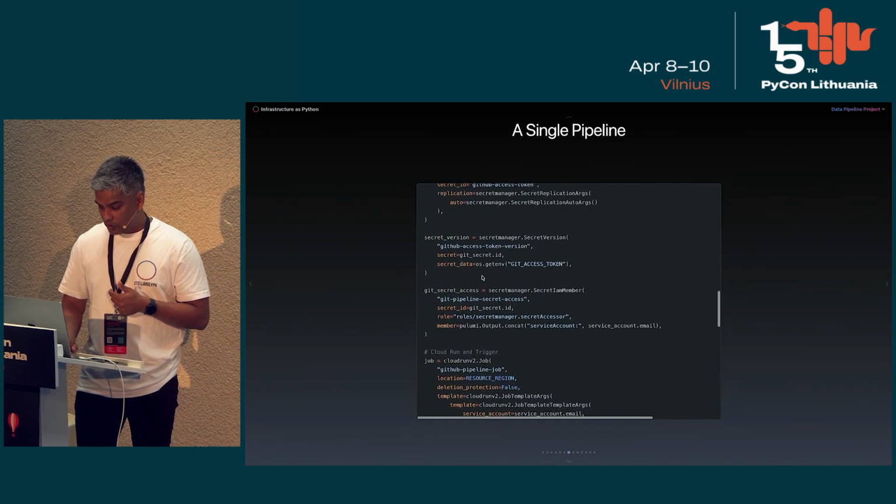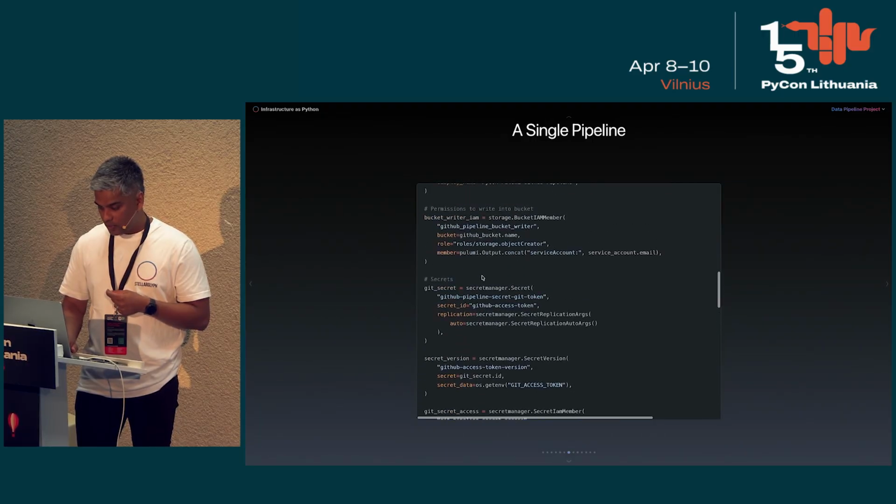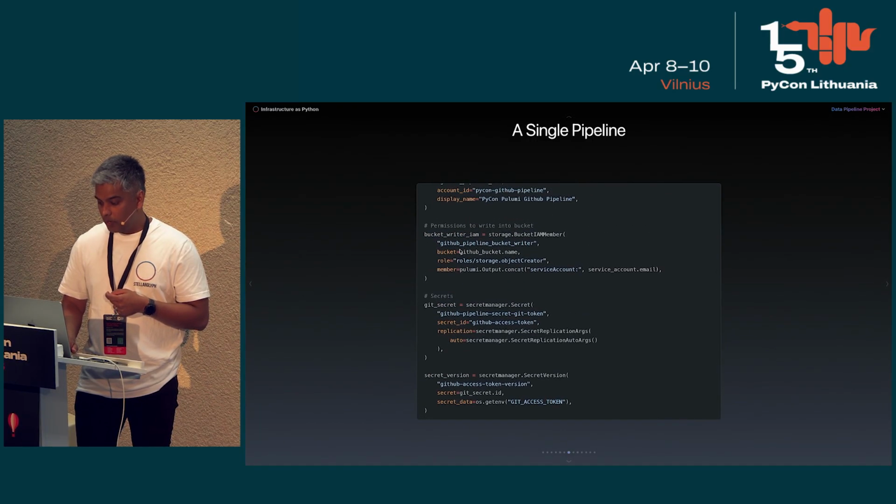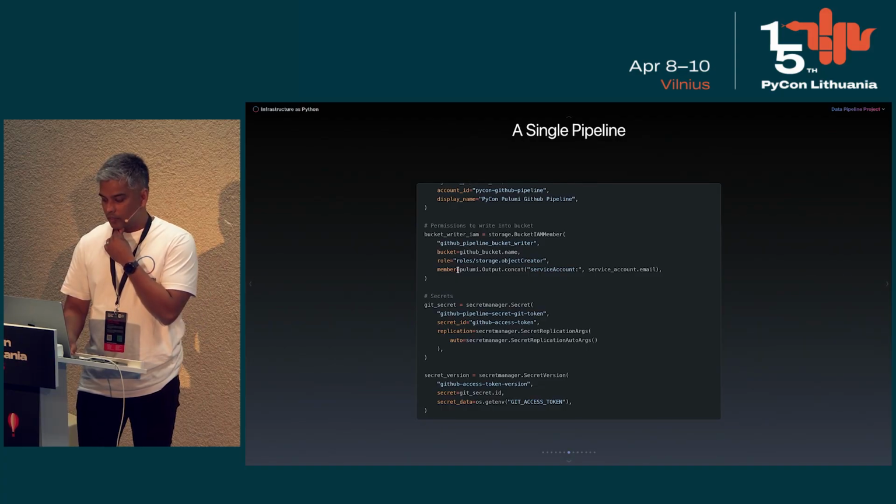One thing I wanted to show is the use of an input here. So, bucket writer IAM. Here you can see that it's waiting for the output of the service account email within this bucket writer IAM resource.